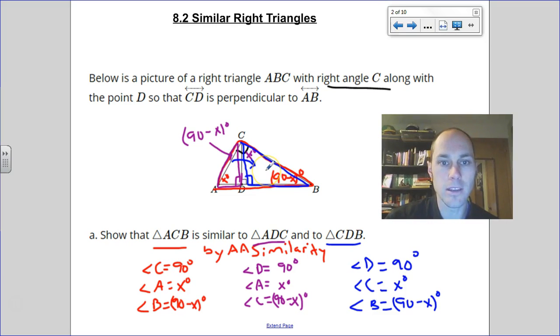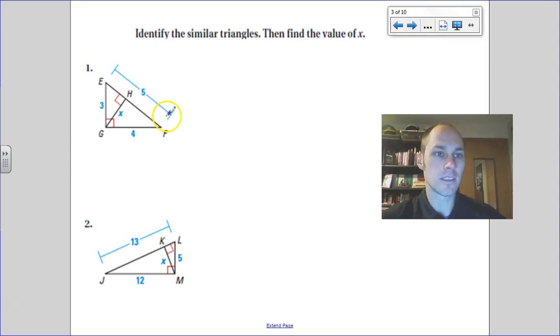If I want to get the blue to the red one, I've got to flip that one to match up its 90-degree angle, and same with the purple one. So we've got to kind of maybe manipulate the figure and work it to see where the corresponding sides are. So we want to find X, which is this side here.